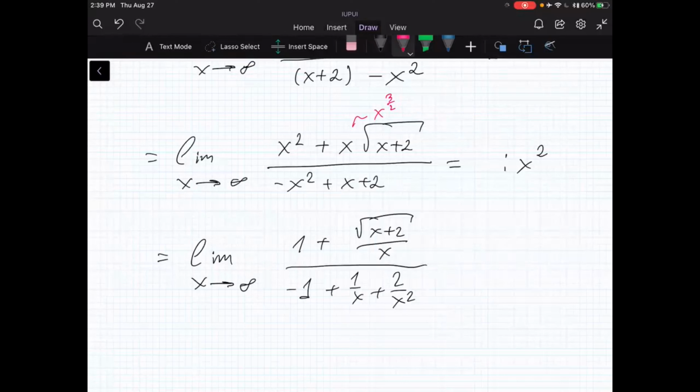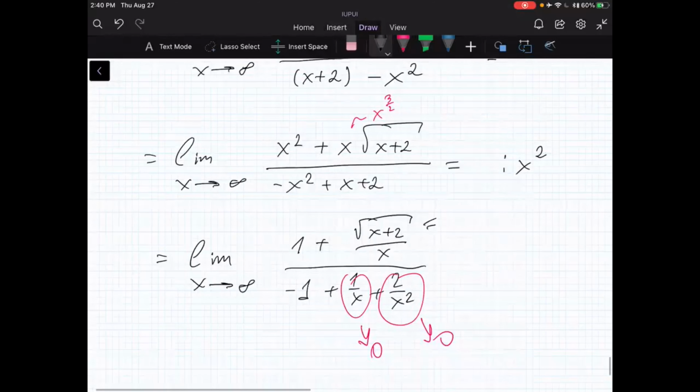So with the bottom, we know what to do. This goes to 0. This goes to 0. With this one, you should be slightly more careful. So you can rewrite it as x plus 2 over x squared, so it's everything under the square root.